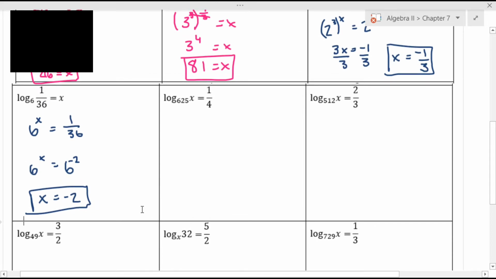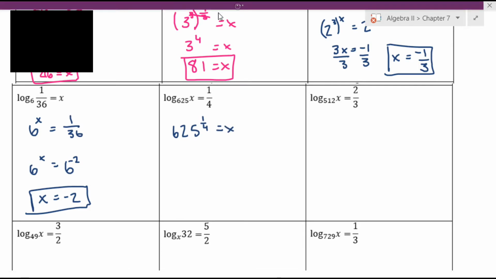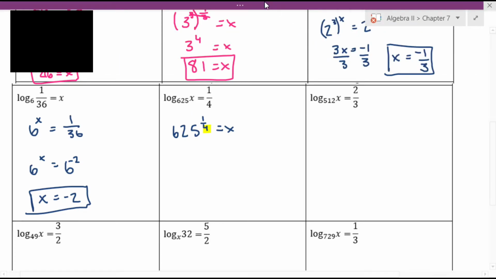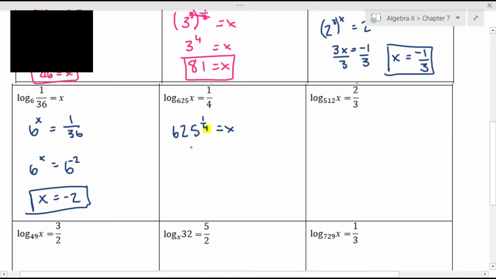So every time we start a problem, pause it, try it on your own, and then go ahead and watch me do it. All right, so I'm just going to go through these. Swoop-de-doop is 625 to the power of 1/4 is equal to x. So again, I'm looking at this fourth on the bottom of the fraction, and I'm thinking, what can I rewrite 625 as so it has a power of 4?